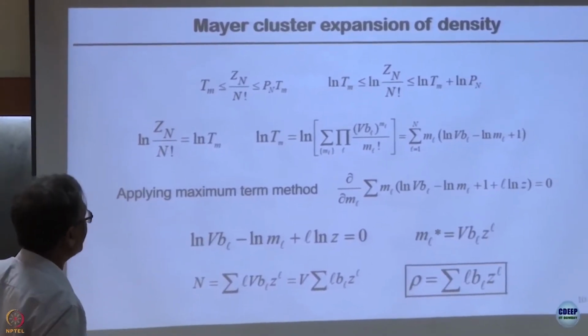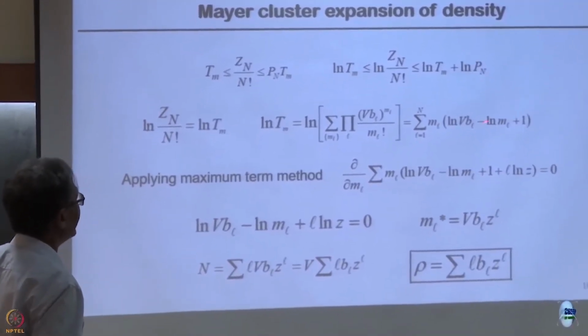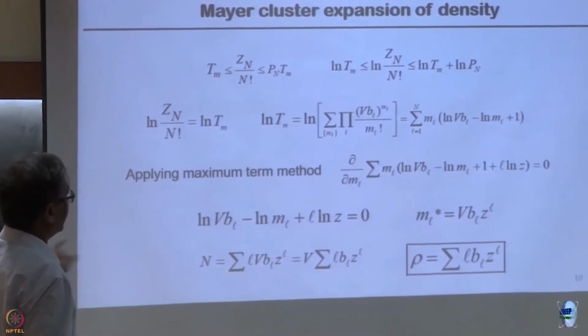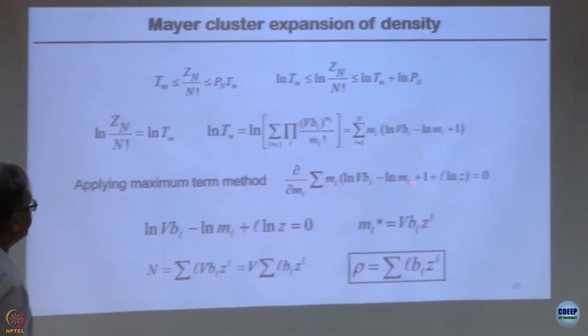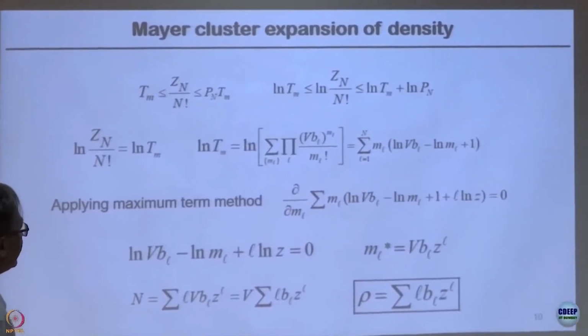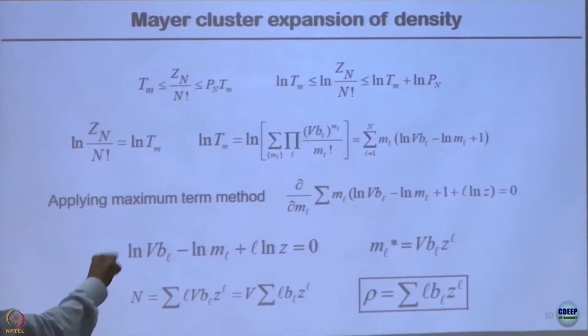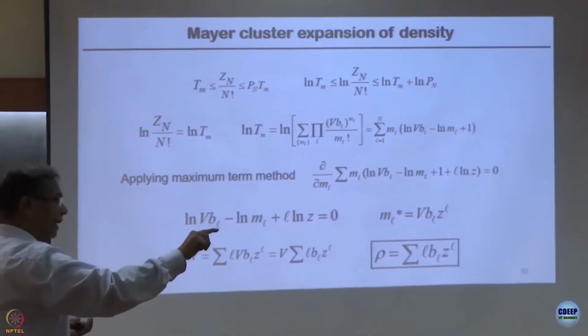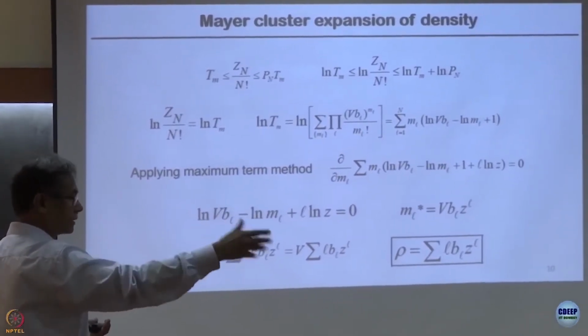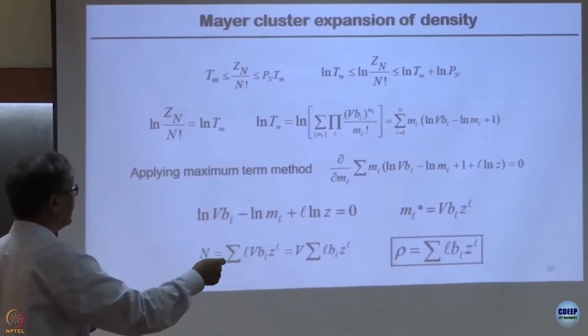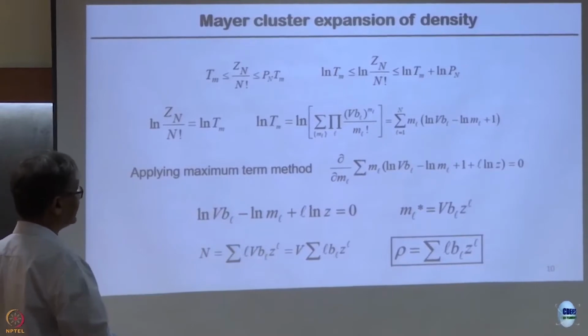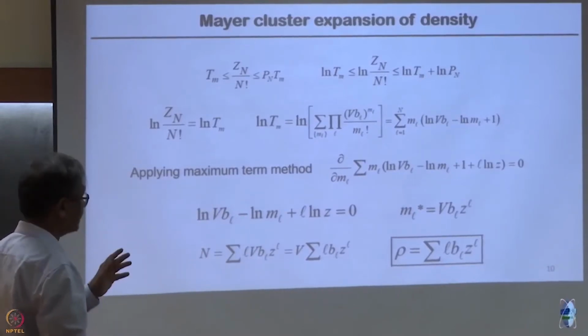Apply now the maximum term method with the constraint, that is why that extra n will come in, and then you get this quantity. It used to be Z with the bracket sum of l ml minus n, n goes out, l ml remains, and then I put it as ln z, my Lagrangian multiplier.